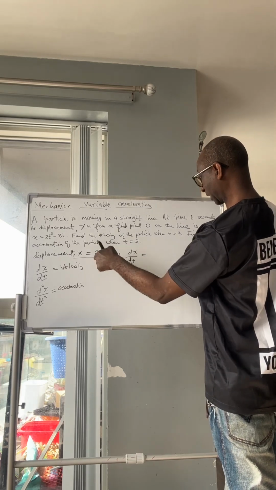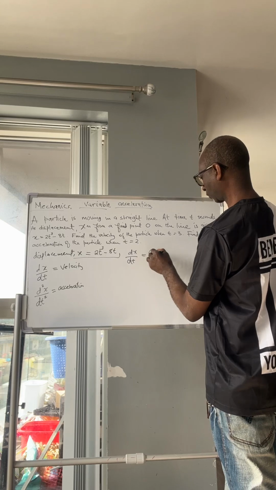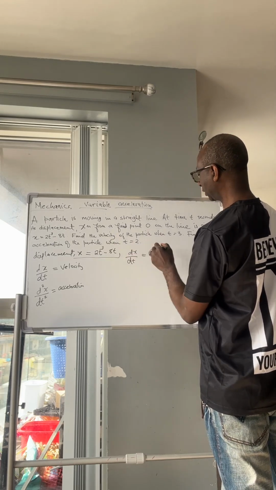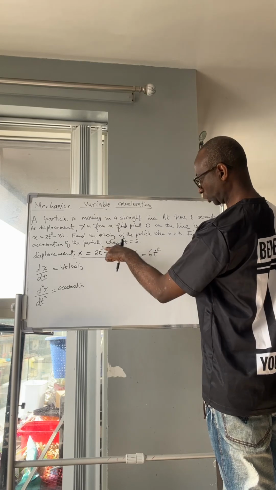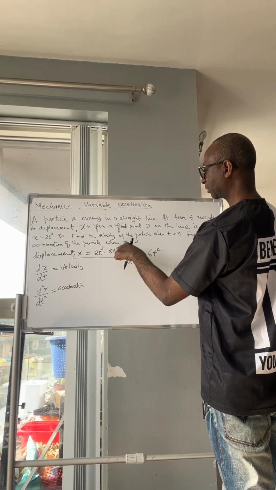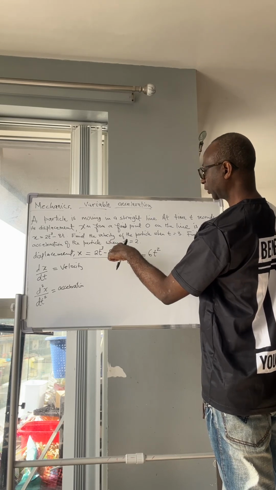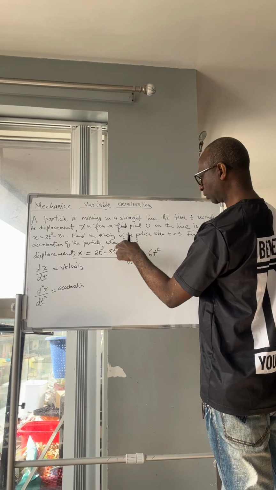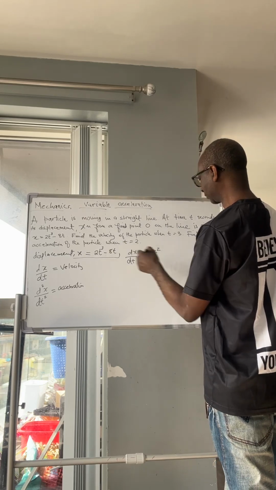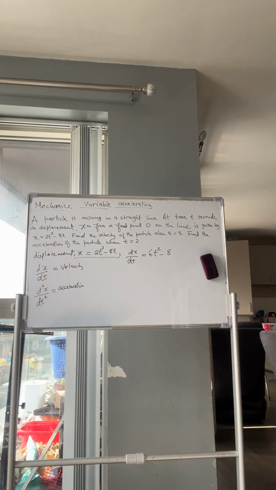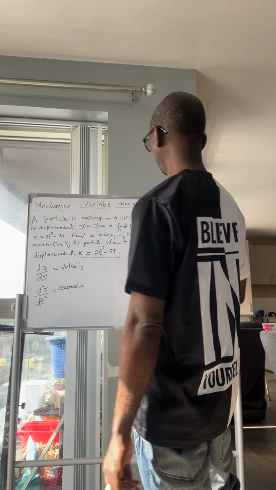So 3 times 2 is 6, and you reduce the power by 1, so this is now t to the power of 2. Then for 8t, 1 times 8, you reduce the power by 1, so it's t to the power of 0. Anything to the power of 0 is 1. So this is going to be minus 8. This is now our velocity.